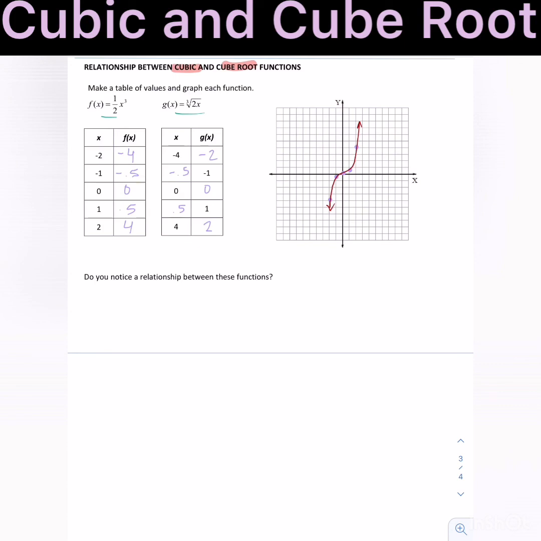And then we're going to graph g of x here, which is negative 4, 2 up here. Oh, that's negative 4, negative 2. That is my fault. Negative 4, negative 2.